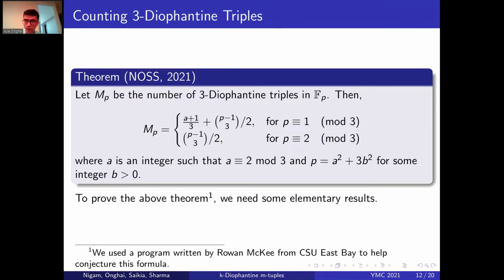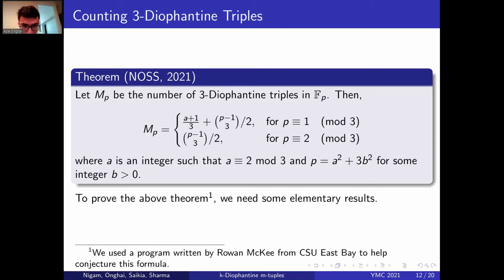As Dishant mentioned before, one of our questions was finding an exact number for the number of k-Diophantine m-tuples, and we were able to solve this for the case of 3-Diophantine triples, and it's given by this formula.